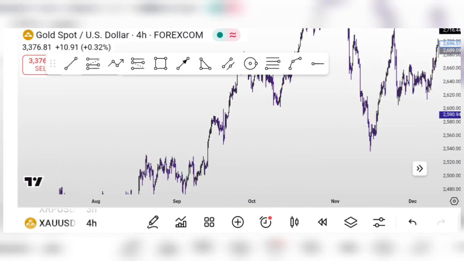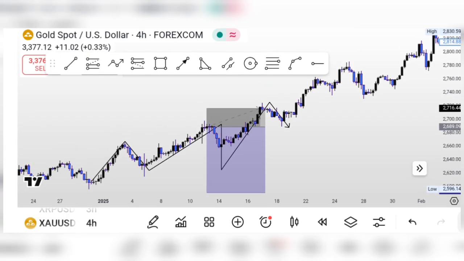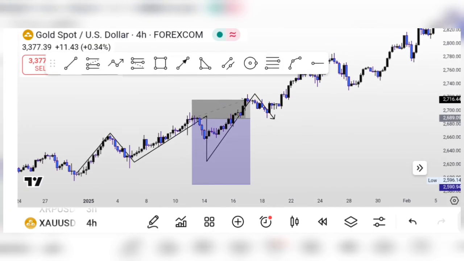Look at an uptrend, and you intend to sell from here, from this point. The market will hit you out. That is where traders misuse the market structure. Okay, so they are trading without confirming structures. You have to confirm your structures before you enter the market, so you won't lose your money.